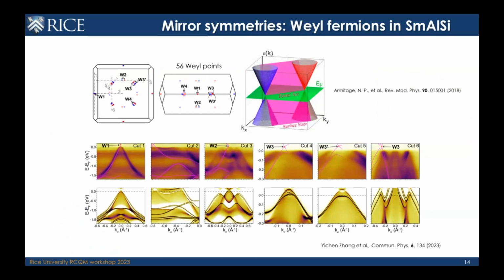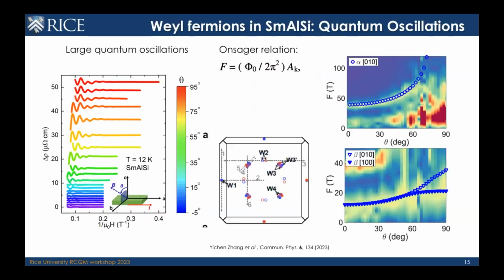In order to look at these Weyl points, Yichen and Ming have done ARPES, and the top row here shows bulk ARPES measurements together with the bulk calculations, and they trace or agree very well. And then the bottom row shows the surface calculation, which should give us some information about the evolution of the Weyl fermions as a function of position in the reciprocal space, in the Brillouin zone. All right.